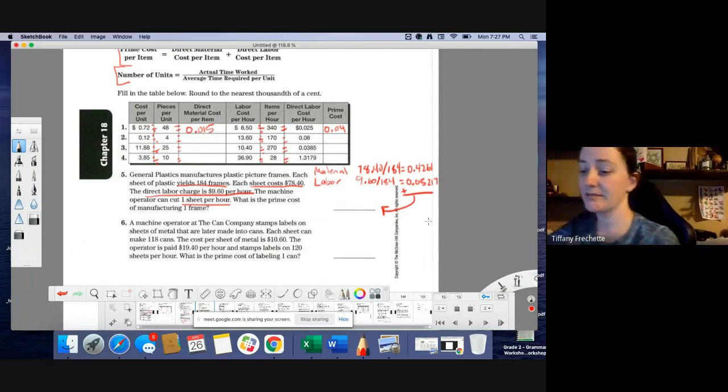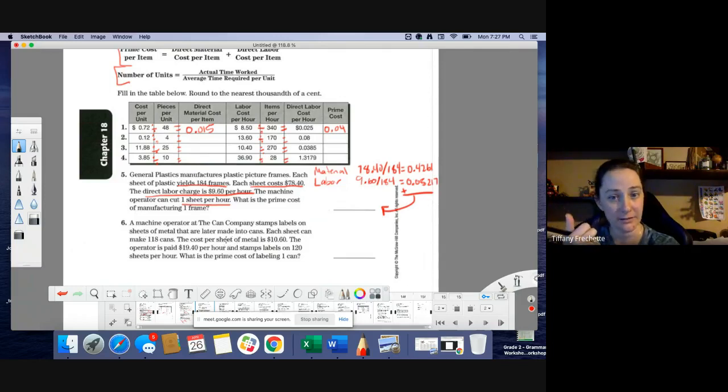We're going to do the same exact idea on this next one, but pay attention to the cost for the materials and the amount you can make from one sheet, and then labor costs and how many. Each machine operator at the can company stamps labels on sheets of metal that are later made into cans.